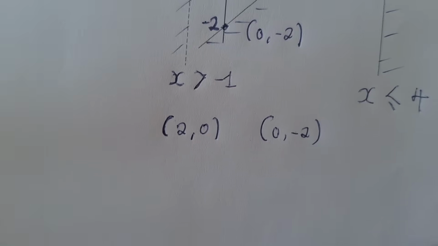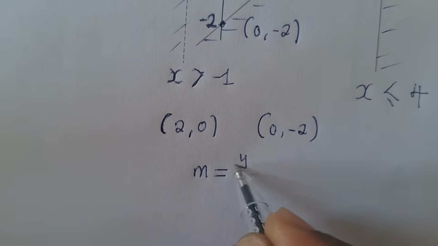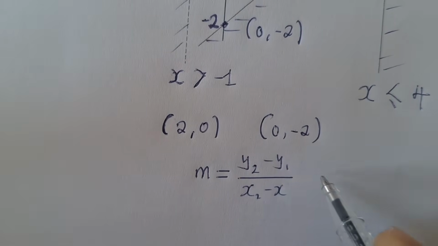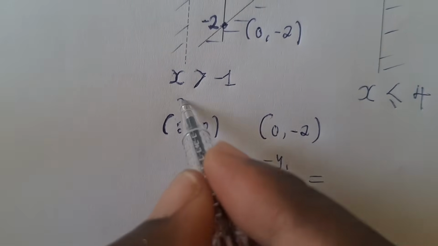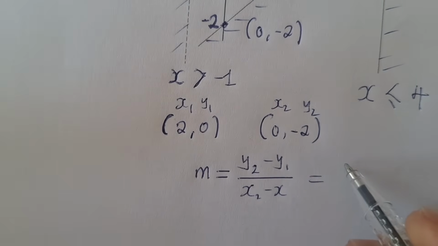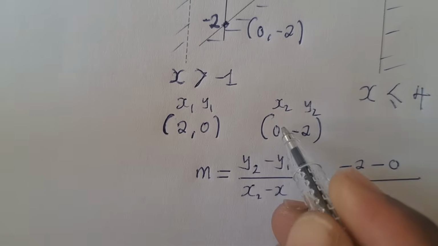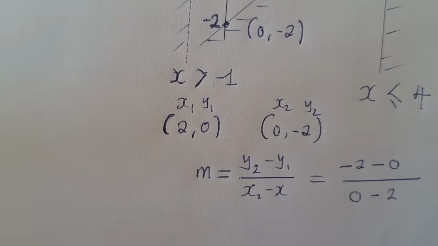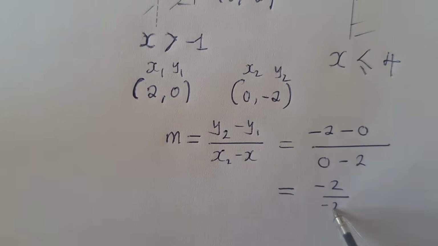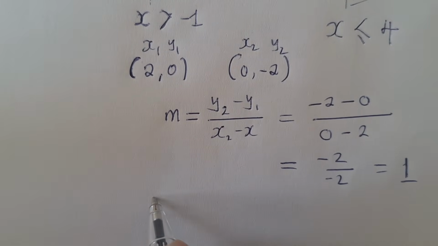Find the gradient using this formula. When we substitute, this would be x1, y1, x2, y2. So this would be -2 minus 0 over 0 minus 2. When we simplify, we're getting -2 over -2, which will give us a 1. So we know that our m is 1.